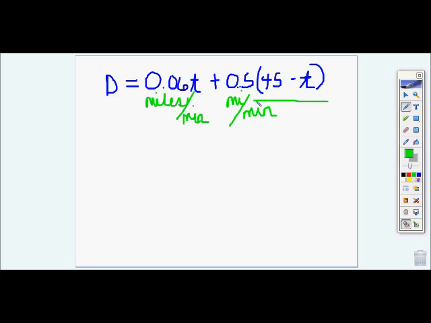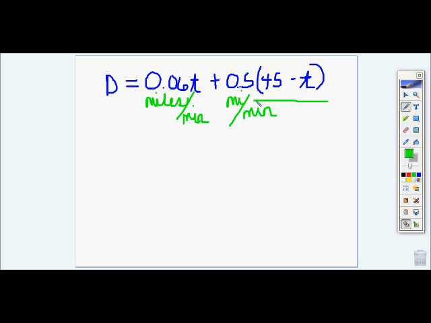I think I might have said 0.6 and it was 0.06. So 0.06 of a mile a minute is what you walk, and the bus travels at 0.5 of a mile a minute. So now it's asking you the total distance you travel is given by the function d equals, and there's my equation, 0.06t plus 0.5 times the quantity 45 minus t.